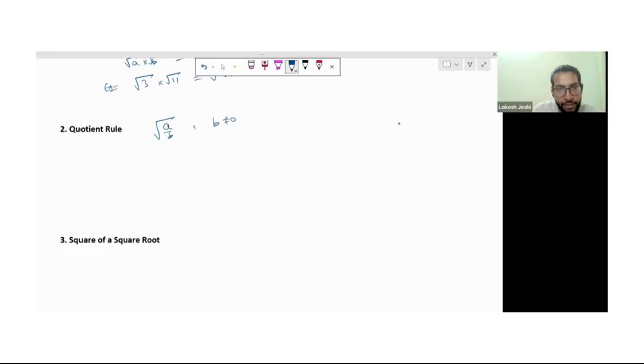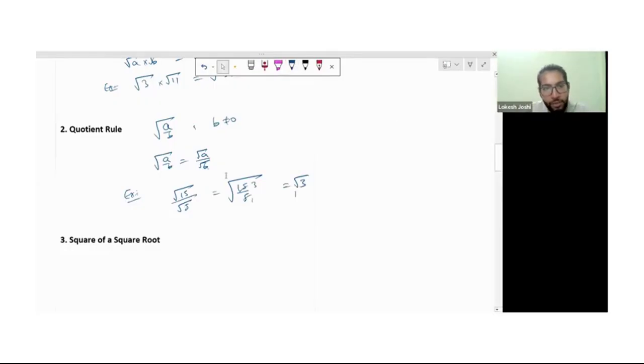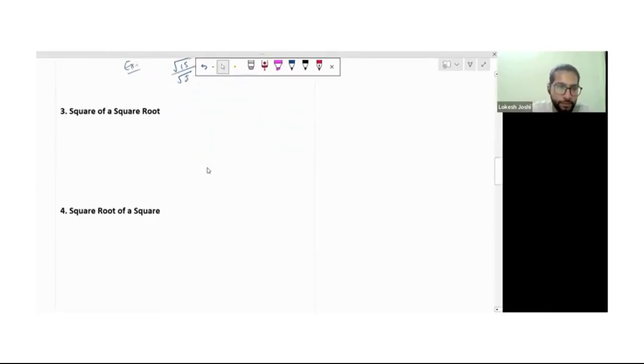Then I can write under root a by b is equal to under root a by under root b. For example, under root 15 divided by under root 5, I can write it as under root 15 by 5, and 5 threes are 15. So it will be equal to under root 3. So this is used for simplification also.